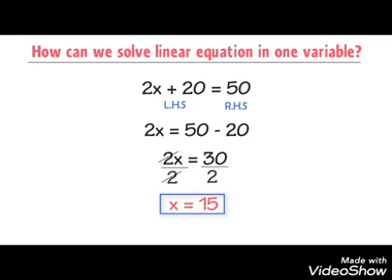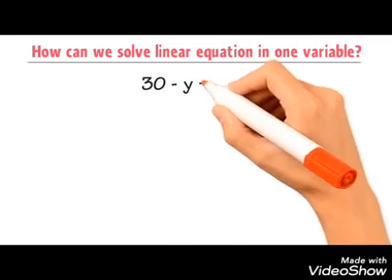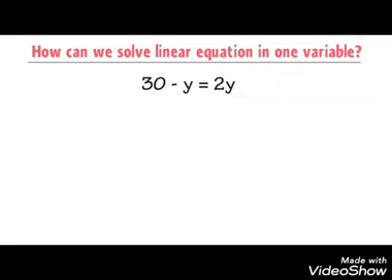Now let me give you another example. 30 minus y is equal to 2y. We know that there are 3 terms in this equation, but there are 2 terms in which there is the same variable, I mean y.